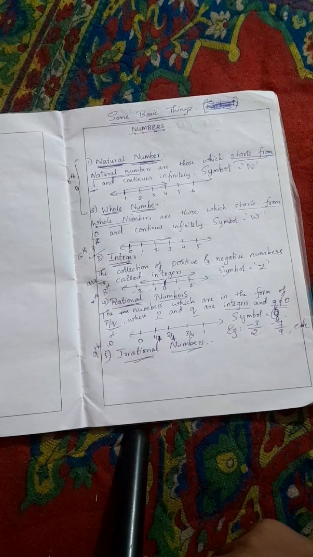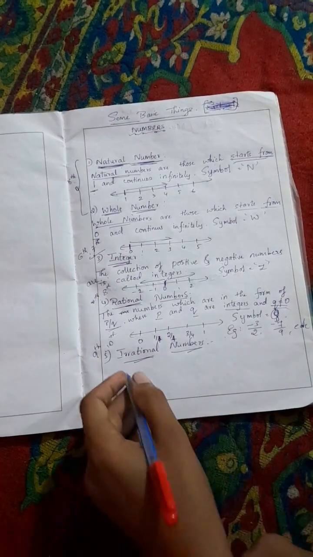Okay, irrational numbers are the complete opposite of rational numbers.